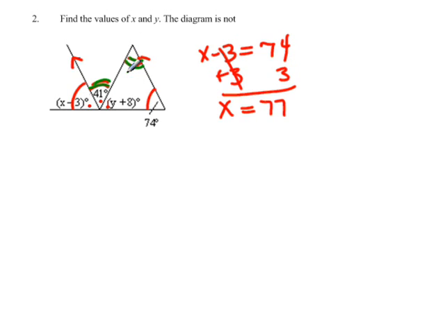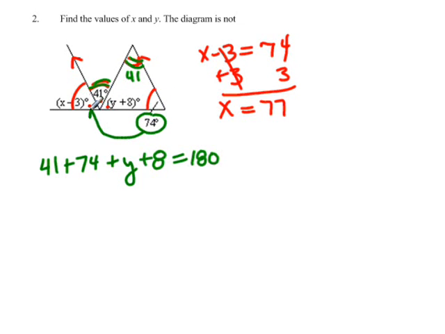That means we have a 41 degree angle here. 74 plus 41 plus y plus 8 are all 3 angles of a triangle. So 41 plus 74 plus y plus 8 equals 180 because of our triangle angle sum theorem. Notice we get the same situation here, just replacing 74 with x minus 3. So these 3 angles will equal 180 degrees.